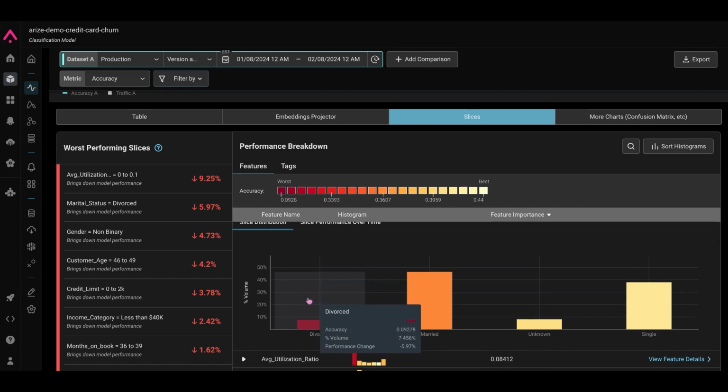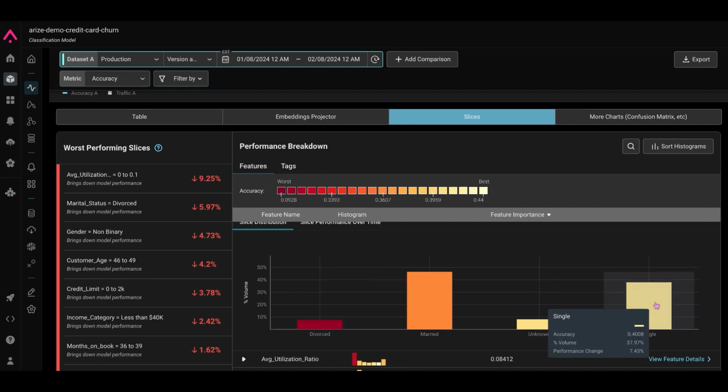We are seeing that our worst performance is around divorced. And so those being no longer in a relationship or being separated in a divorce are likely to cancel their credit cards. So we're not doing a good job predicting that these people are going to churn. It's probably a lot more likely that they're going to churn than that they aren't. So this is where a lot of our inaccuracies in our forecasting and our prediction are happening.